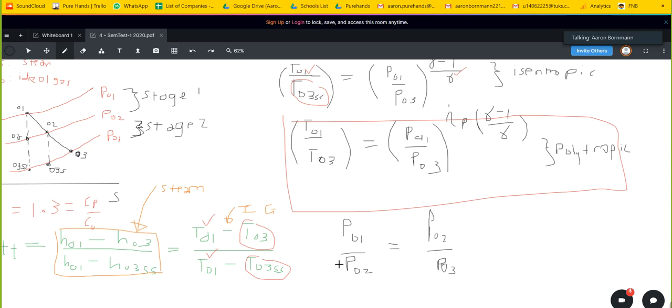So then there's this little hack, because what we need to do is get P01 over P03, and MTV is just about these small things that you pick up along the way. To keep the equation constant, divide by P03.